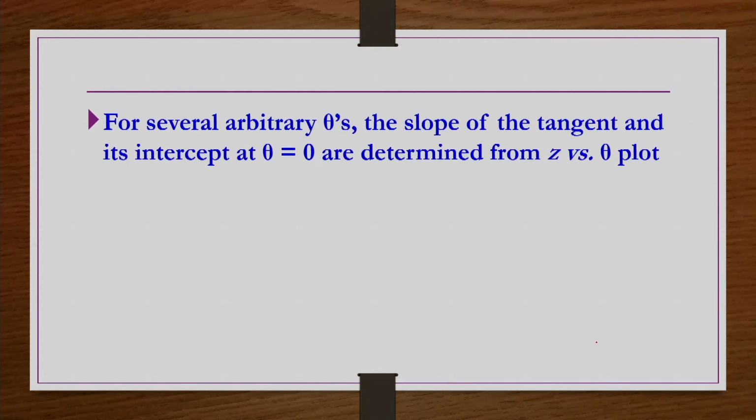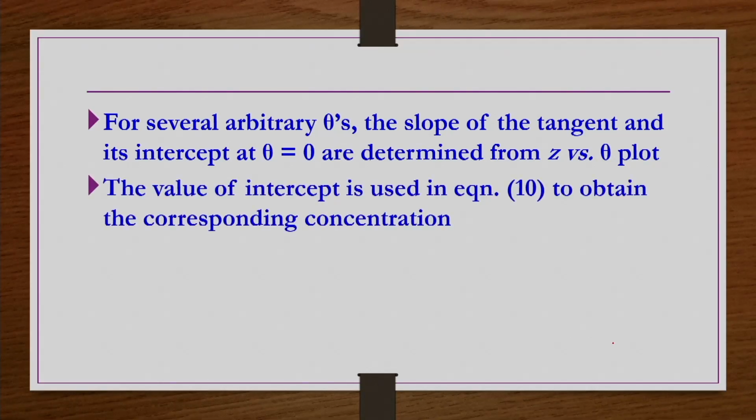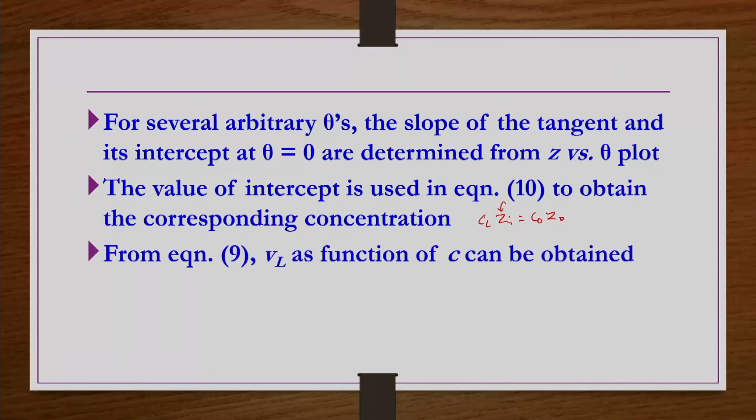That is what it means by, for arbitrary thetas, the slope of the tangent and its intercept at theta equals 0 are determined from the Z versus theta plot. The value of the intercept, that is Z I, is used in equation number 10 to obtain the corresponding concentration C L, because C L Z I is equals to C naught Z naught. C naught and Z naught are the known initial values, and Z I is the intercept value that you know. So, now you know the C L concentration.